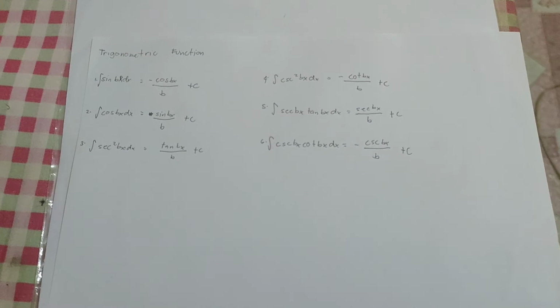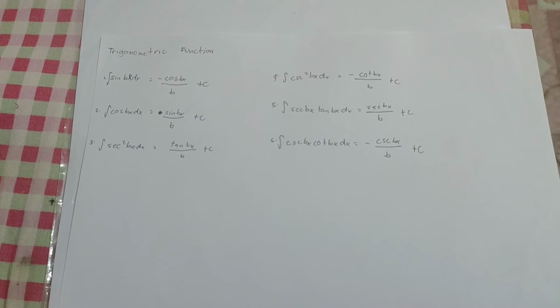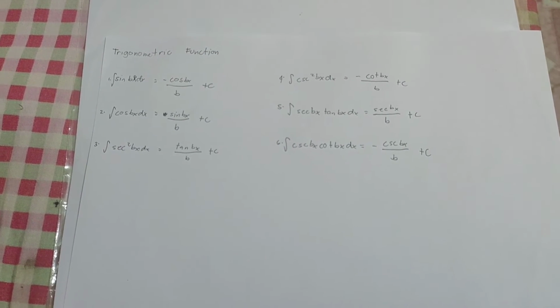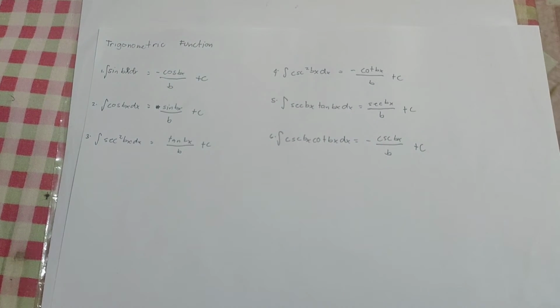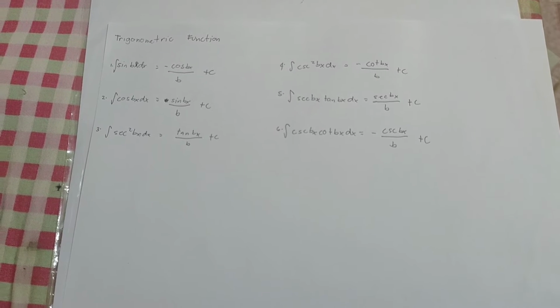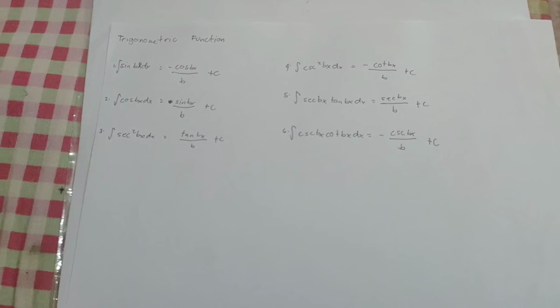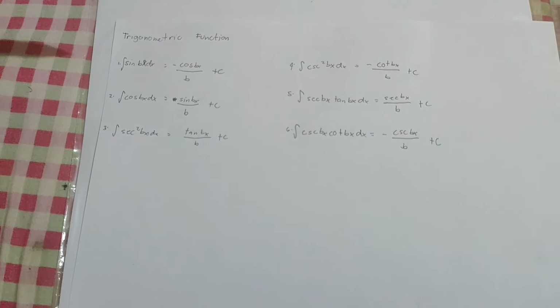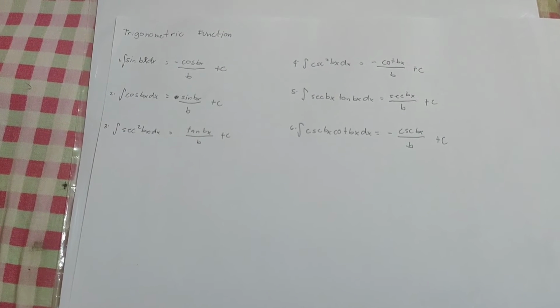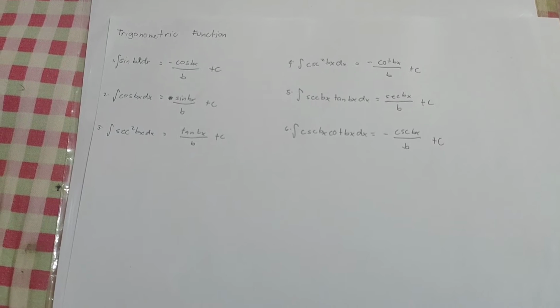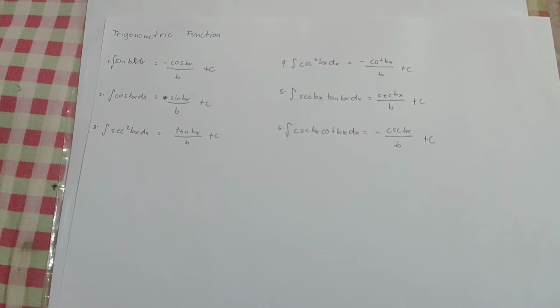The integral of sine bx dx is simply negative cos bx all over b plus c, where the value of our angle b is the denominator. Number 2: the integral of cos bx dx is simply sine bx all over b plus c.